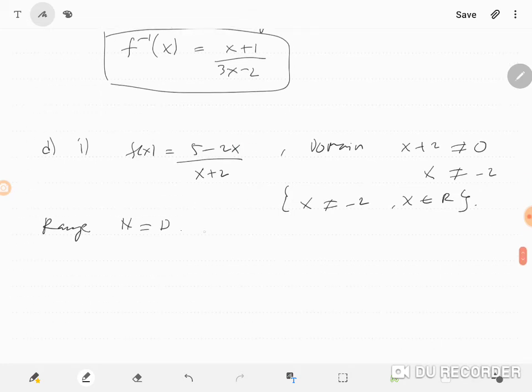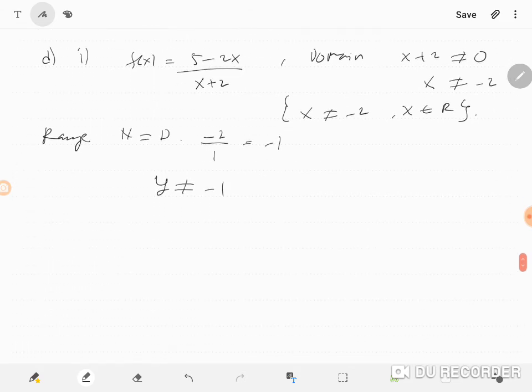And then the coefficient of numerator is negative 2 over the coefficient of denominator, 1. So you have negative 2. So our y not equals to negative 2, and then y element of real. So this is the range.